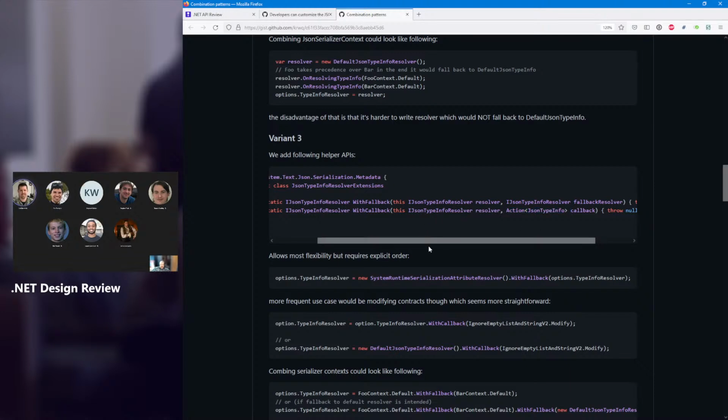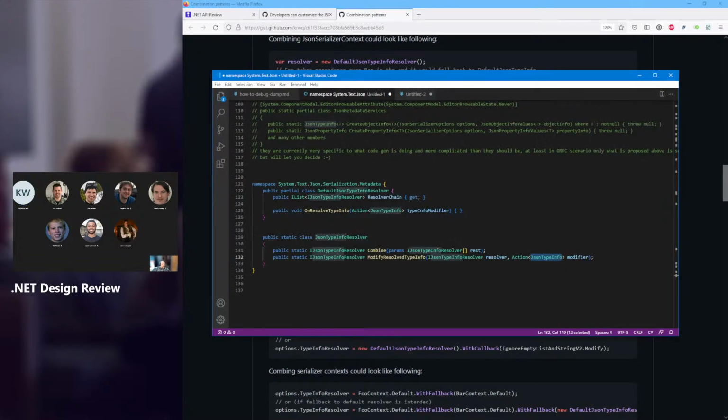Yeah, but it's returning a resolver, presumably because this was intended to support fluent syntax. I'm wondering, that would actually need to return a new resolver, because the first one would be modified. This is looking at it as the static on JSON type info resolver. If we say that this is simply a feature of the default type info resolver, then we can do something else.